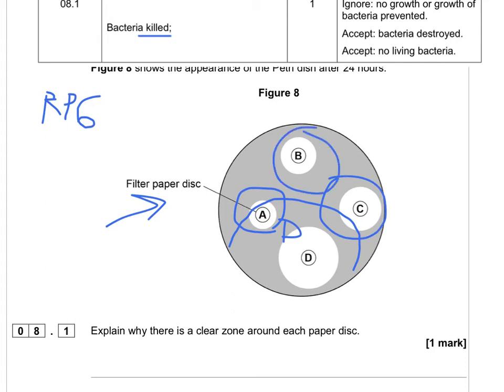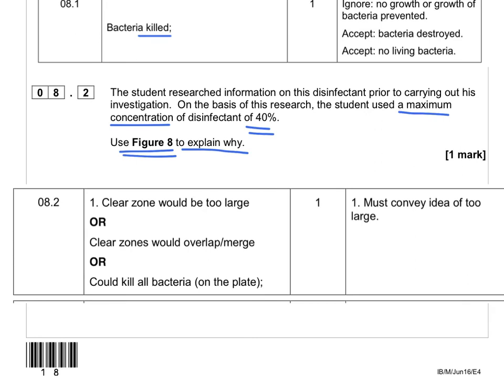So basically the clear zone would be too large, or they would overlap, or you could argue if you used a massively big concentration, there would be no bacteria on the plate, so you wouldn't be able to compare the different treatments. So there are the answers. It's the idea that the clear zones would be too large.